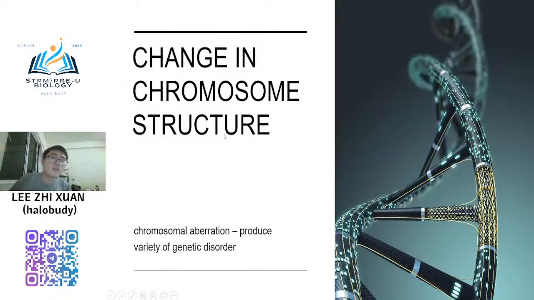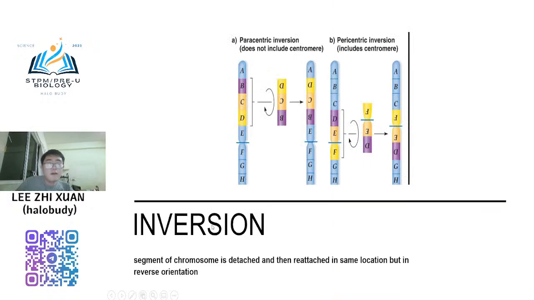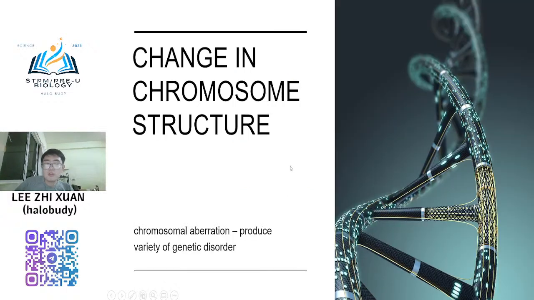And then, a change in chromosome structure is about chromosomal aberration, which will produce a variety of genetic disorders. Compared to gene mutation, if the mutation occurs in the chromosome, it will give a larger effect.